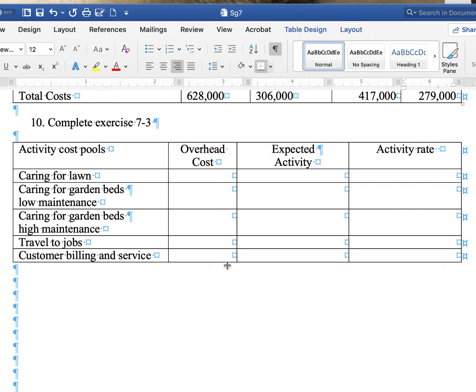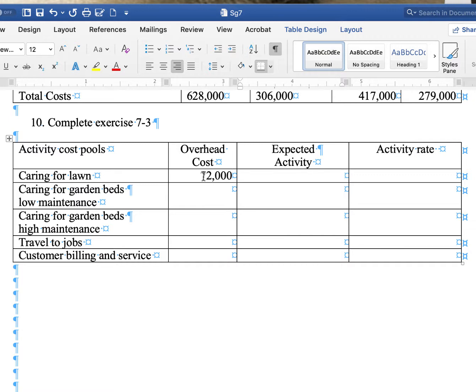So let's look at caring for lawns. And I'm looking at the bottom box all the way at the end of the page, okay? They tell us that the estimated overhead cost is $72,000 for that activity.